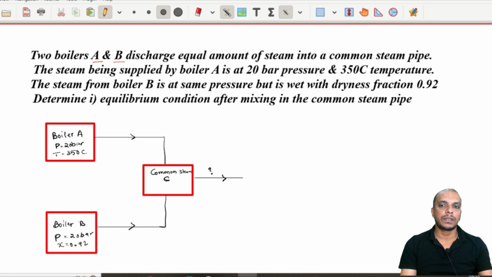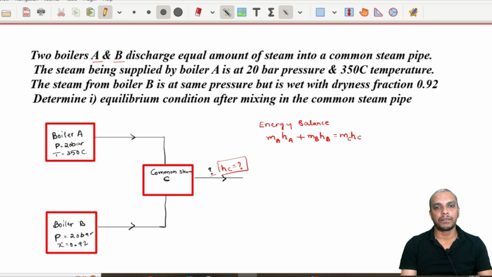First of all, this should be solved by using energy balance. The energy coming from A, which is mass of steam from A multiplied by enthalpy, plus mass of steam from B and enthalpy of B, should be equal to the total mass C and Hc. The final condition of the steam he is asking about refers to the enthalpy of this steam.